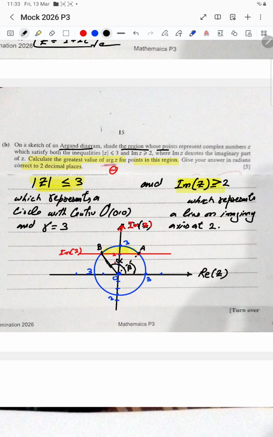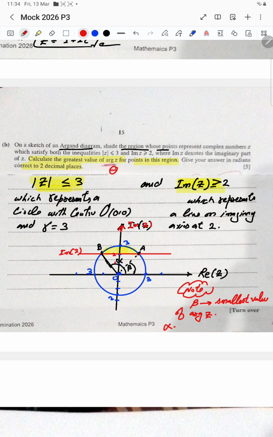Let me change the color. Red one is fine. Before I start, I'm going to write a note for you. From the figure, beta is the smallest value of argument of z.